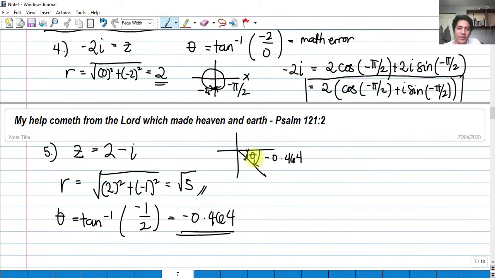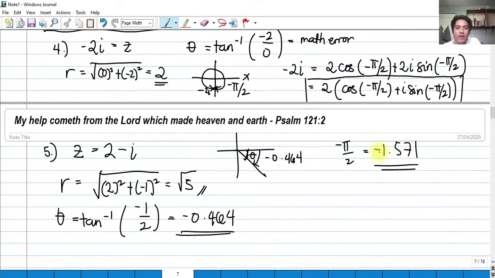So we know that this is correct, because we know that if the angle reaches here, it should be negative pi over 2. And negative pi over 2, if we evaluate that in decimal, that's negative 1.571, approximately in 3 decimals. So negative 0.464 is less than this.